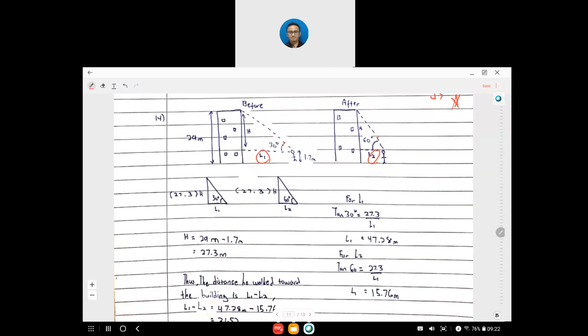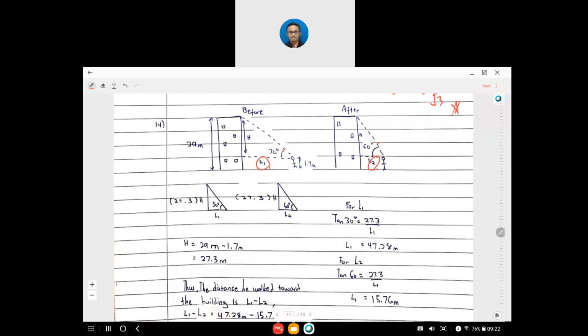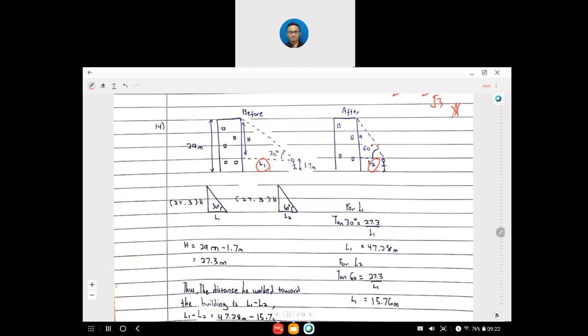Okay, so means that you want to find the difference kan? L1 minus L2. Okay. So, first, you can use formula 30 degree for this one. So, we can get the value of L lah.